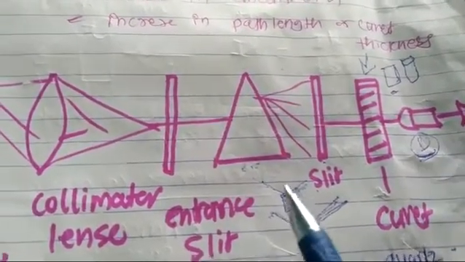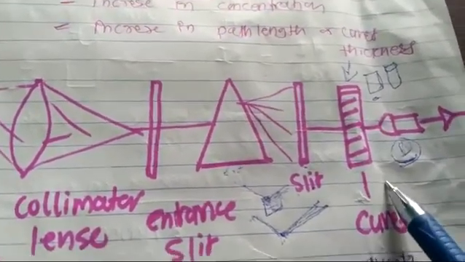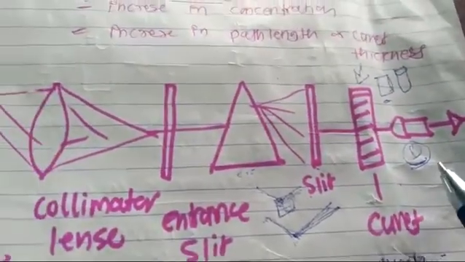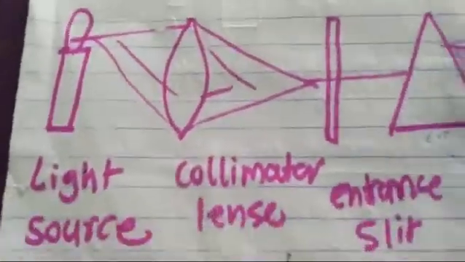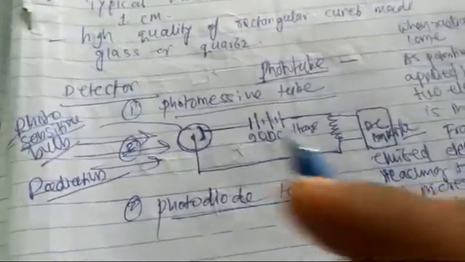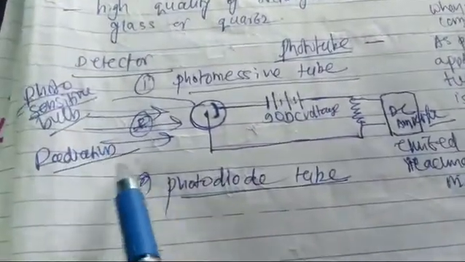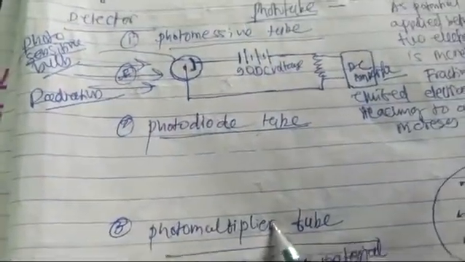Those detectors are the photomissive tube detector, photodiode detector, and photomultiplier tube detector.